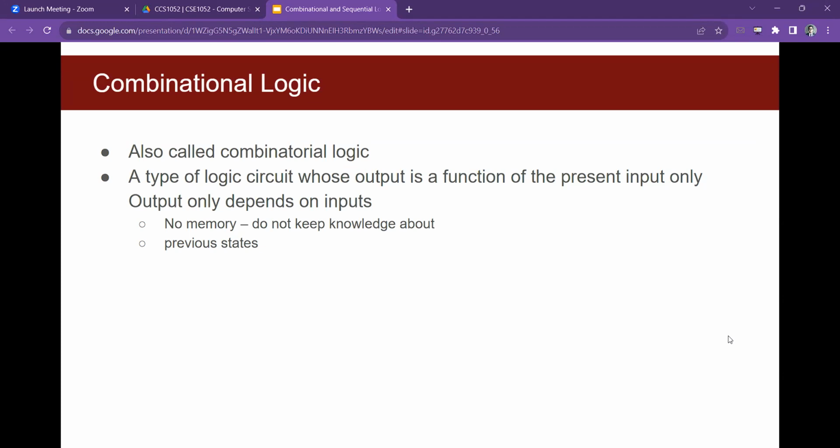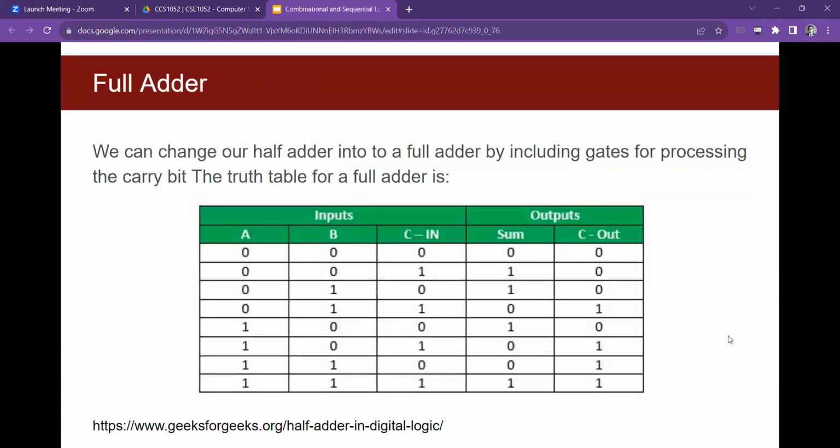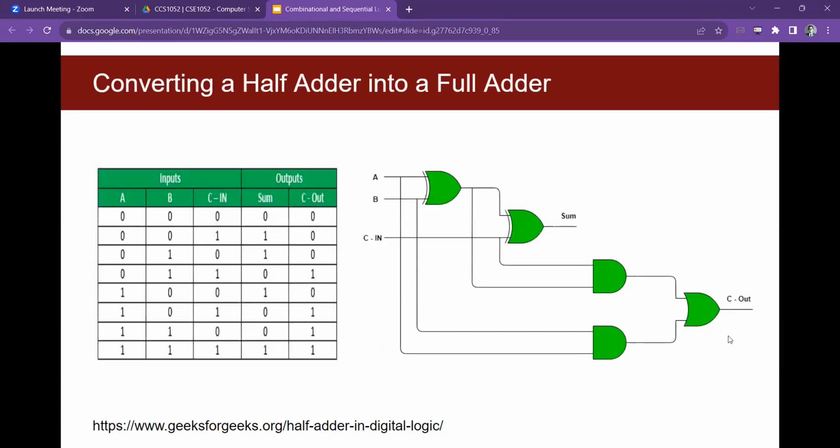So as I mentioned, in combinational logic circuits, the output will only depend on the present input. And this is the half adder. So this is the circuit. And to design the full adder, you need to design this truth table. So we have designed that as well. And this is the full adder circuit, right?